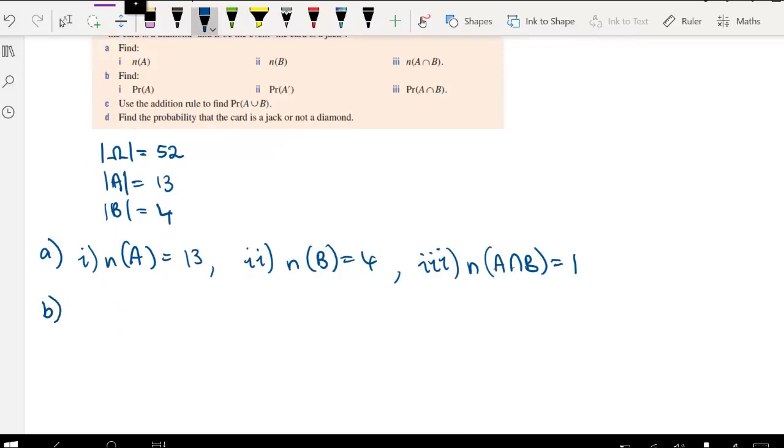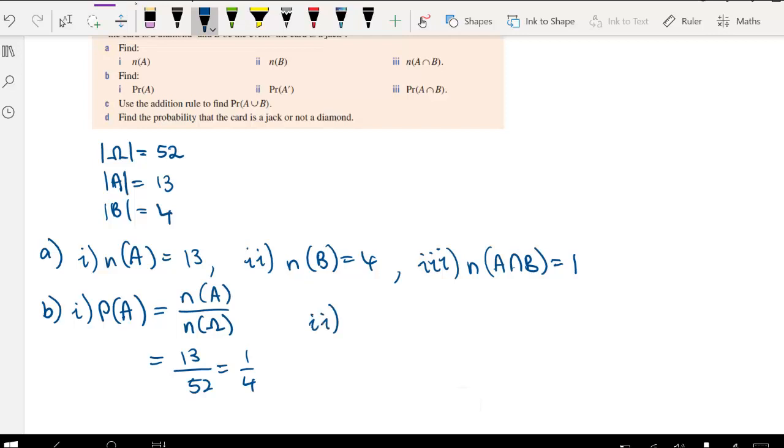Now, for part B, we're looking to find the probability of A, and that means we're looking at the number of A over the number in that universal set, which will be 13 over 52, or 1 on 4. When we look at part 2, we're looking at the probability of not A. So we're looking at the number of not A over the number in the sample space.